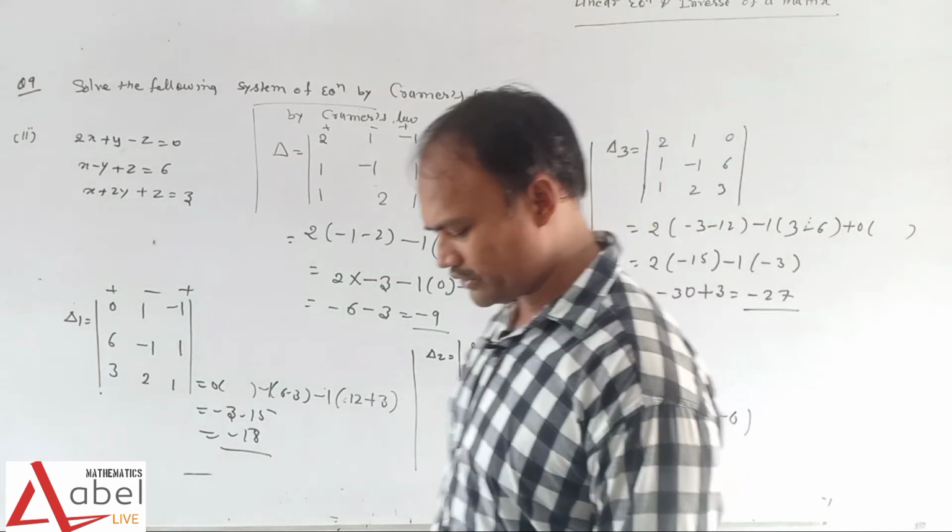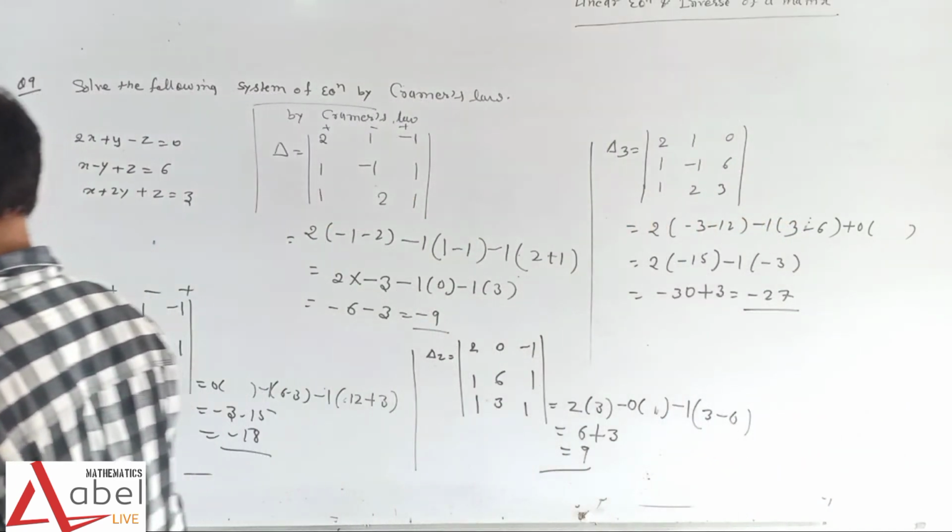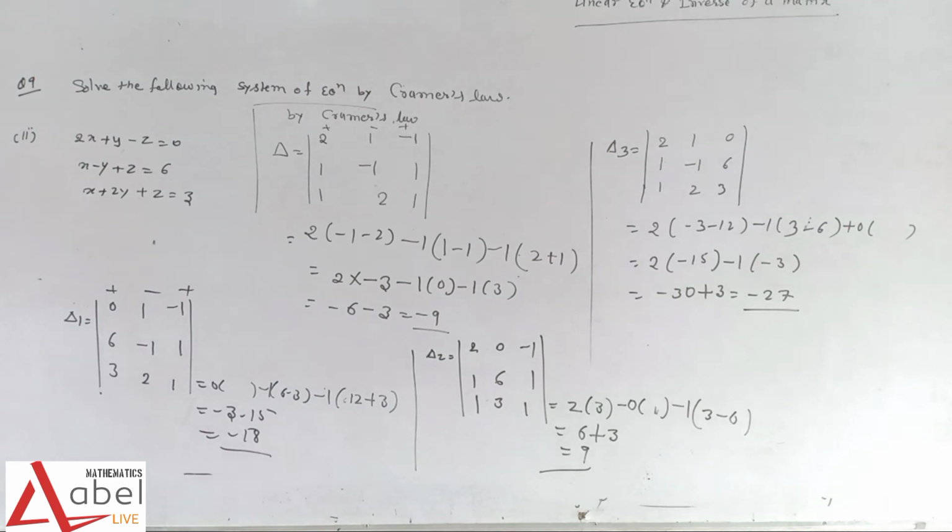So this is the value of minus 27 students. So we have completed the value of delta 1, delta 2 and delta 3.